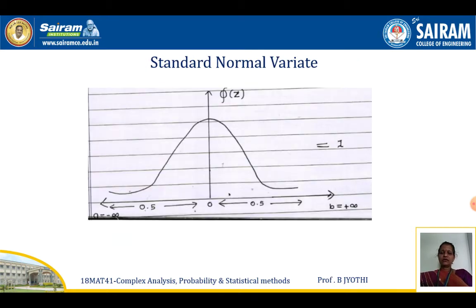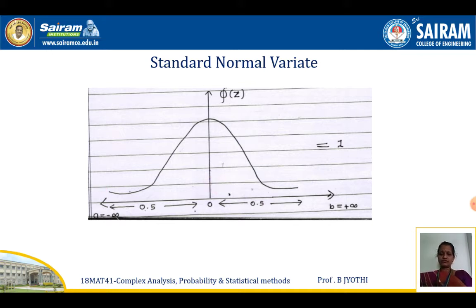The graphical representation for this is a normal curve, or a standard normal variate, which is always a bell-shaped curve, where in the middle of the curve the point is 0. From the middle point to this point it is 0.5, and from the midpoint to this other point it is again 0.5.